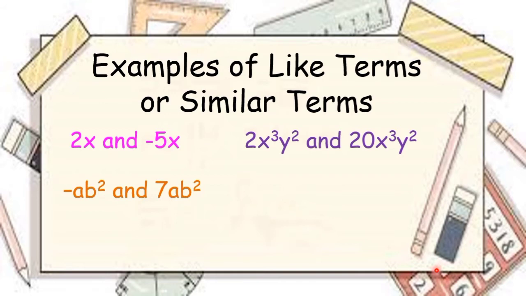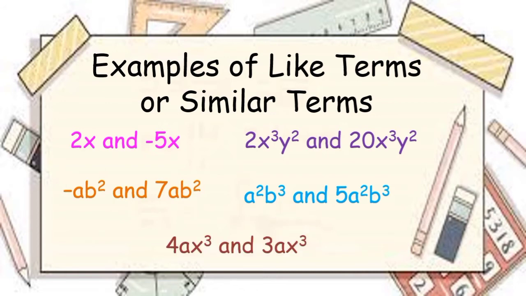As you can see, they have the same variable, and that variable has the same exponent. Another one is a squared b cubed and 5a squared b cubed. Last example is 4ax cubed and 3ax cubed.